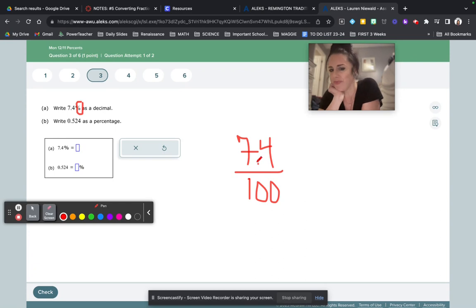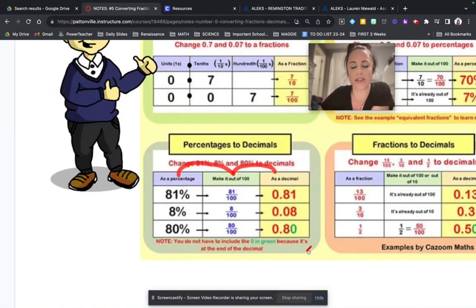7 and 4/10 out of 100. That's weird because it doesn't look like any of these examples. This is showing that whatever number on top you have, it lands in the 100th spot. Have you noticed that? The 8 is in the 100th spot. The 80 is in the 100th spot.